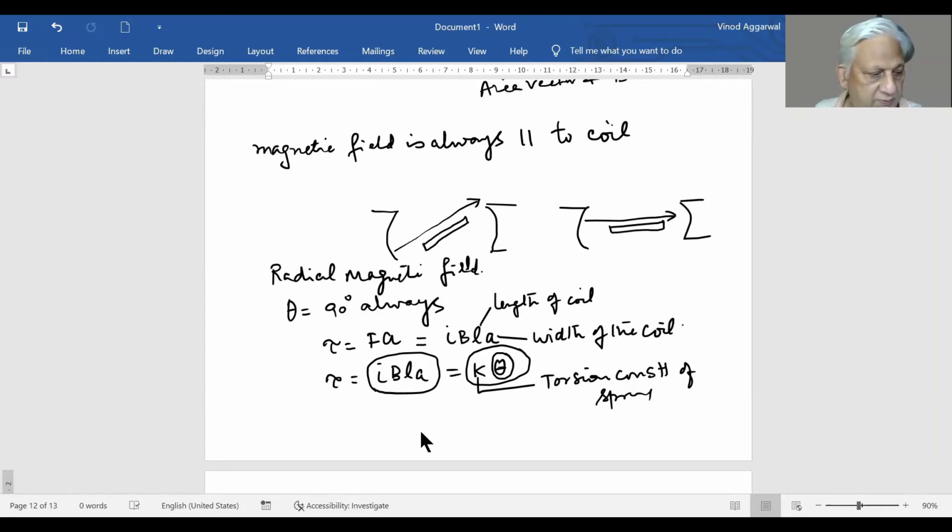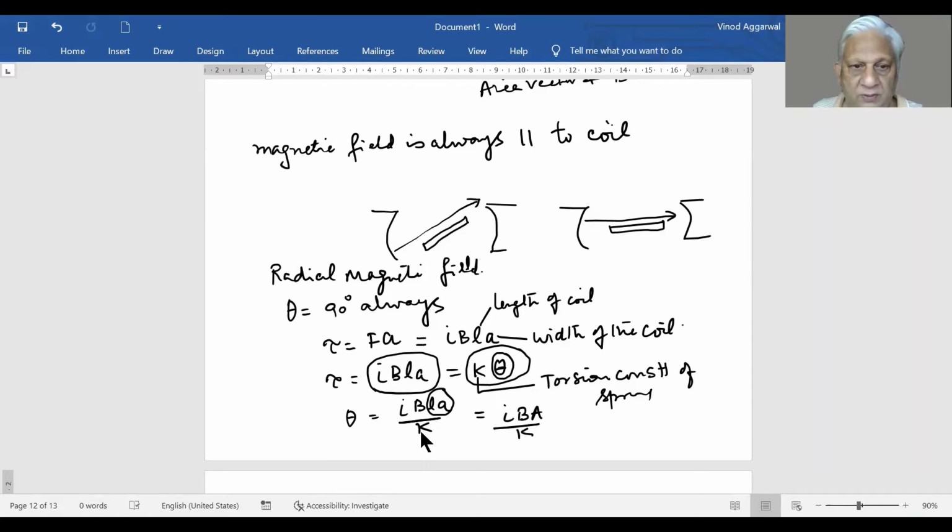So in such a case, our theta becomes I B L A over k, and if we combine length and width, this becomes the area of the coil.